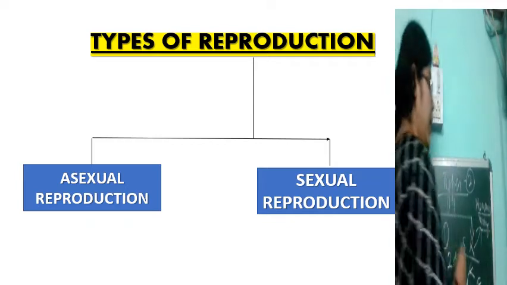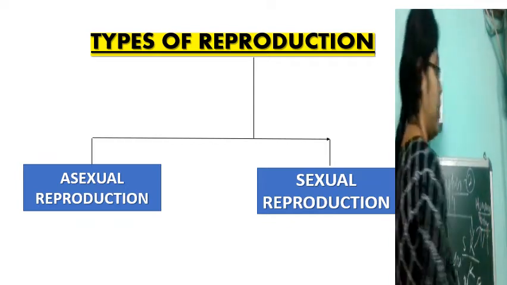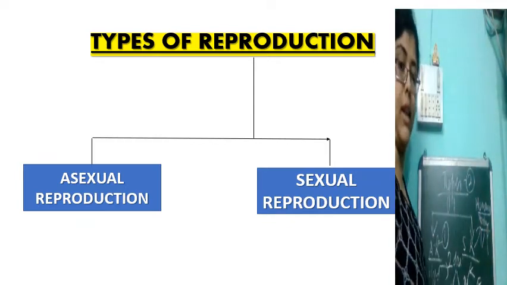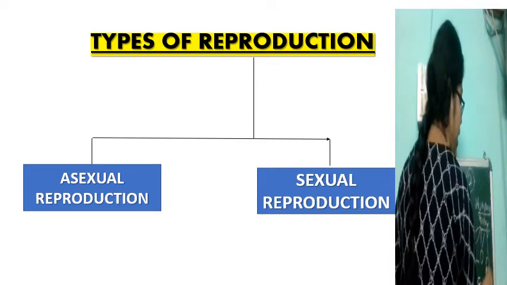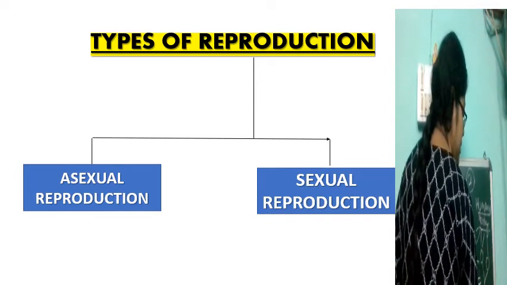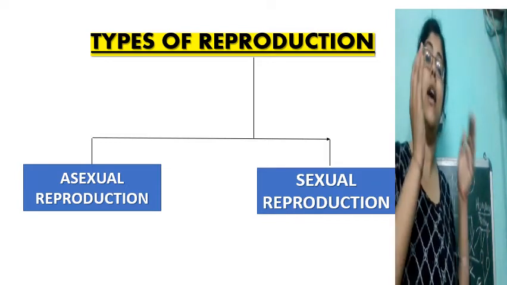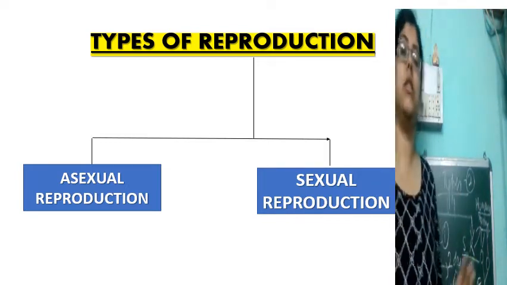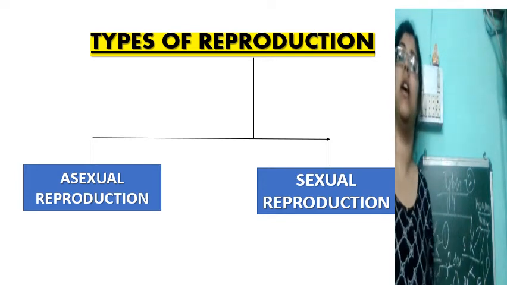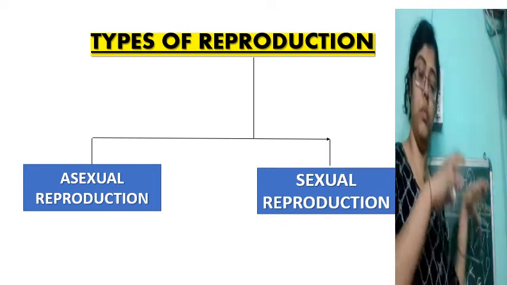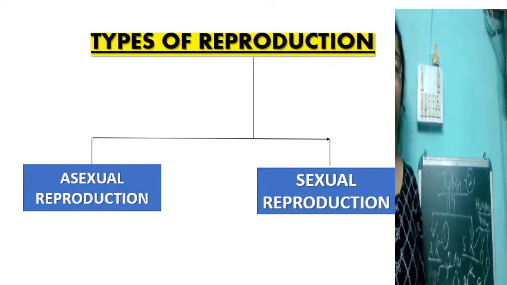But in the case of sexual reproduction, if we are reproducing two twins at a time, they also have very much difference in themselves. They are not going to be clones at all. Even minor to major differences we can easily identify in the two twins we are having at that point of time.